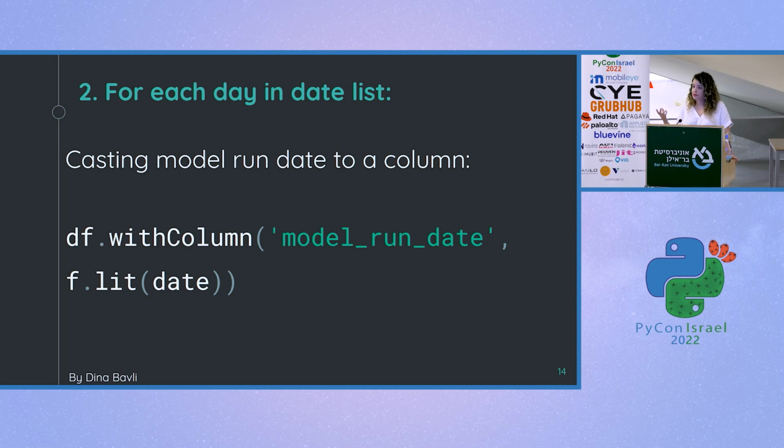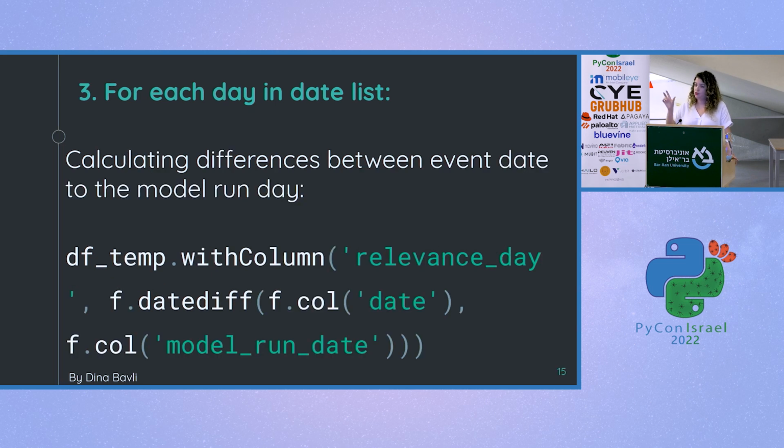And then we want to cast it into our data frame so that we are multiplying our data frame: if there is a user with an event on a specific day, there will be multiple rows, one for each model run date.